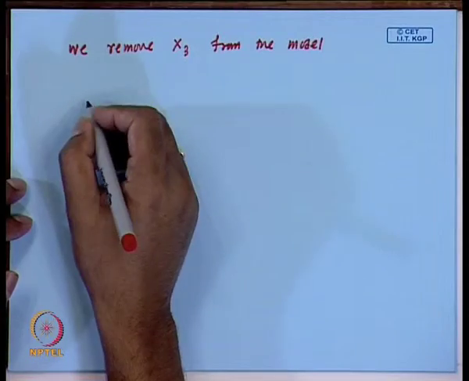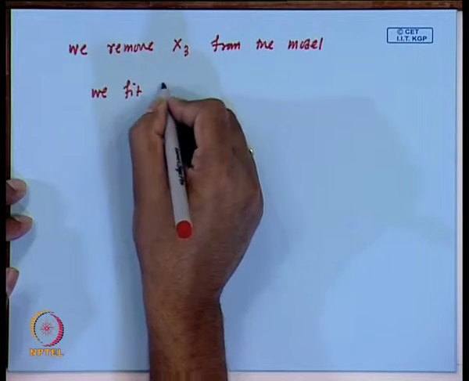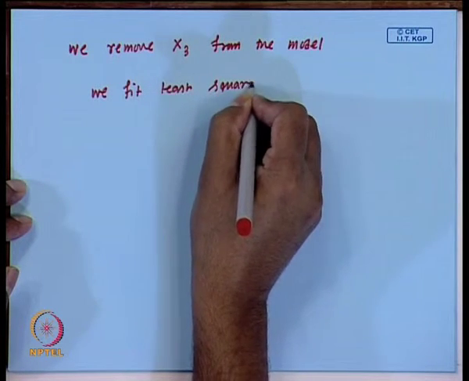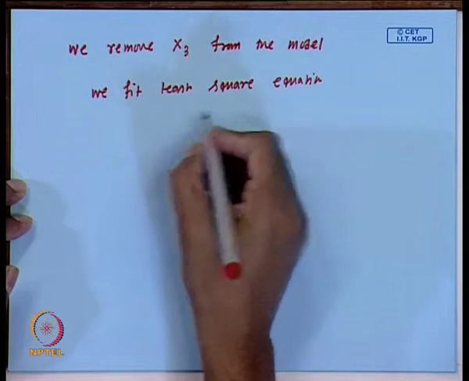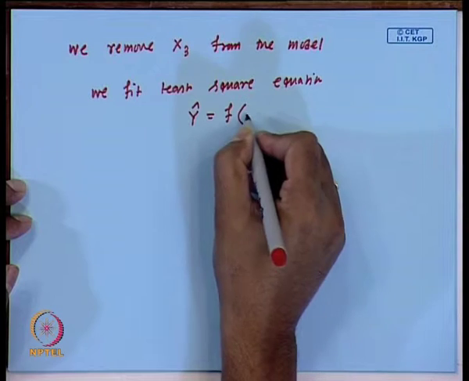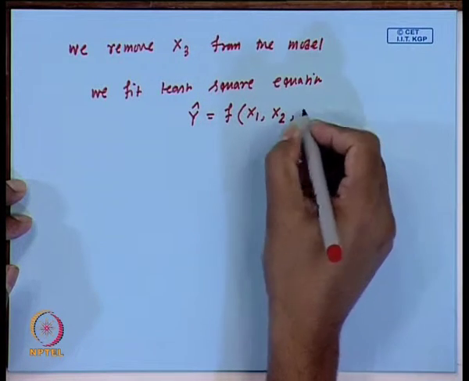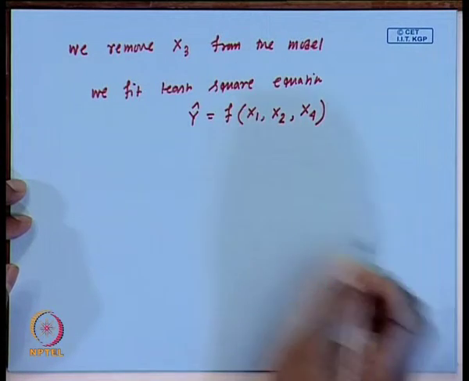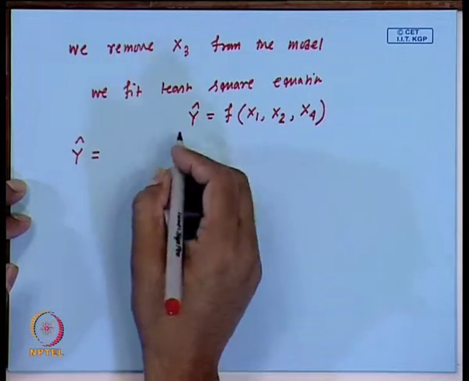So, we fit the least square equation or model between y and x1, x2, x4, right, and the fitted model is y hat equal to, you can check that you have the data.